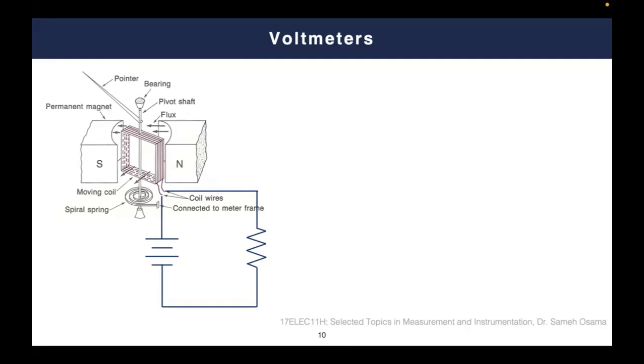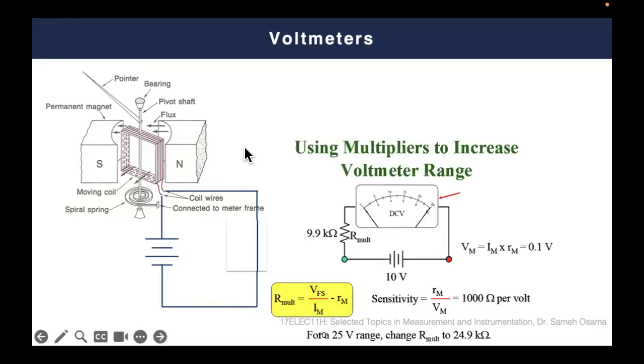So if we proceed with the same procedure in order to measure the voltage, what we are going to do simply, my dear students, is put a proportional scale to the voltage equivalent to the current, because simply we know that Vm equals Im times Rm.